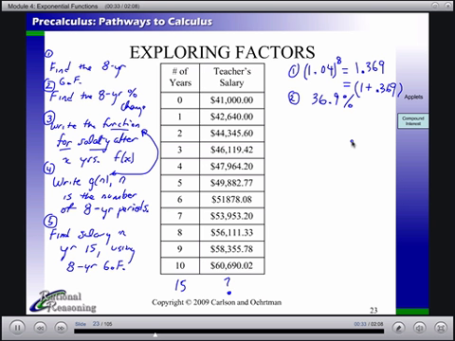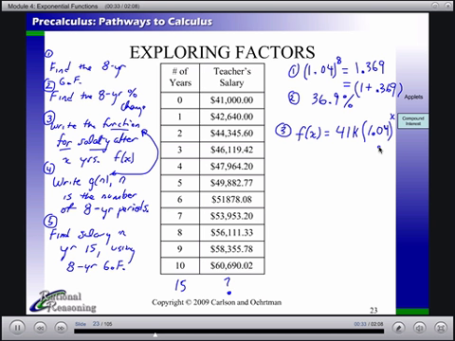Okay, function for the salary. Starting amount? 41,000. So if we want to advance x years from 41,000, we're going to multiply by 1.04 x times.